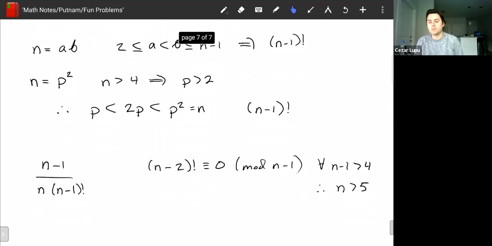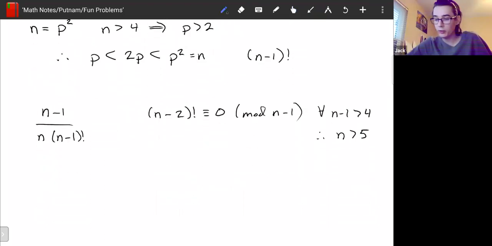And then let's look at this. This number theory result right here immediately implies that, oh, sorry, I wrote this down wrong. That should be an n minus 2 factorial.